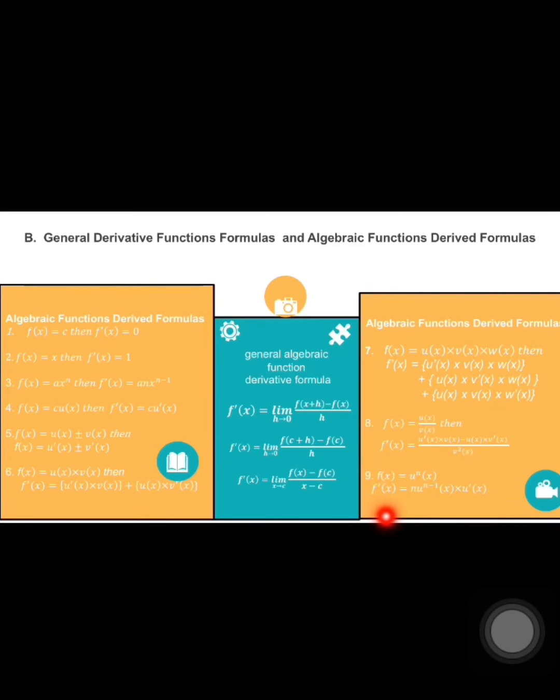This is named the formula for the function inside the function. If f of x equal u of x to the n, f prime x equal n times u of x to the n minus 1 times u prime x. Complete for the algebraic function formula.